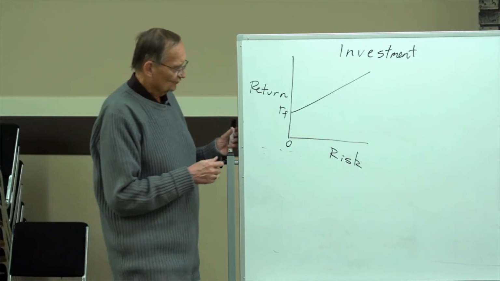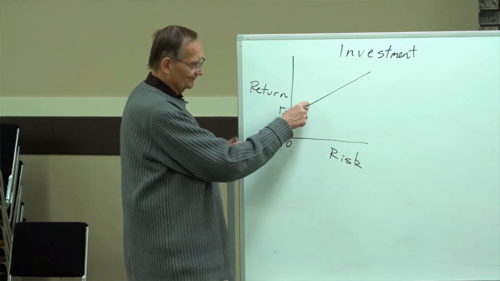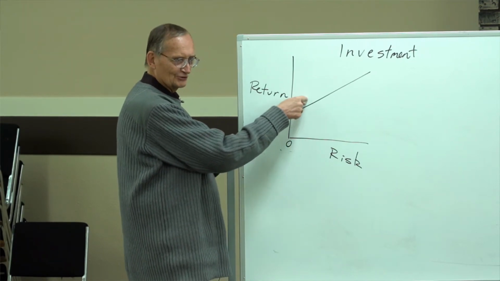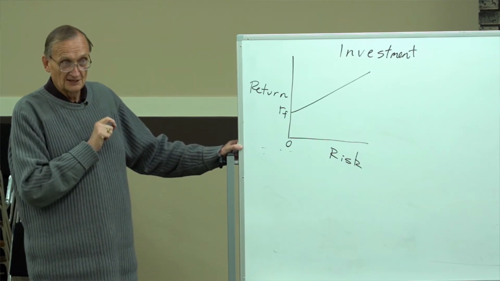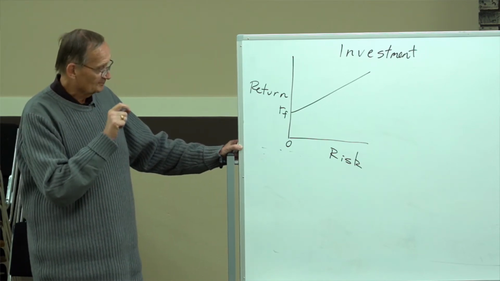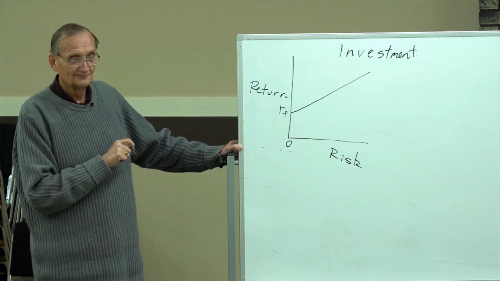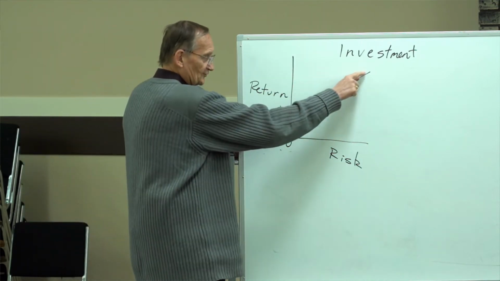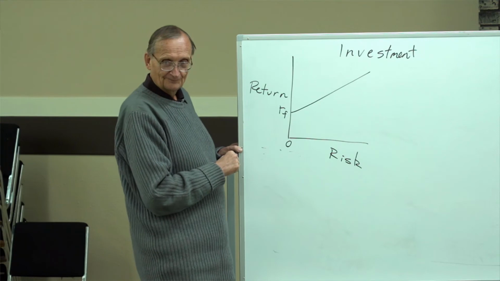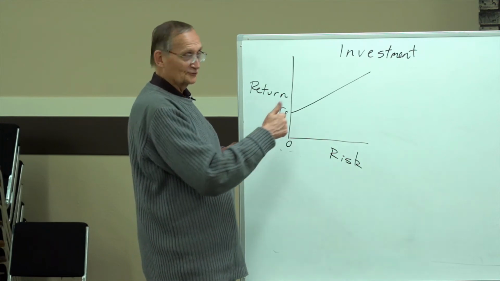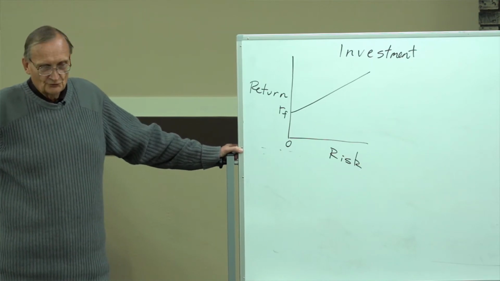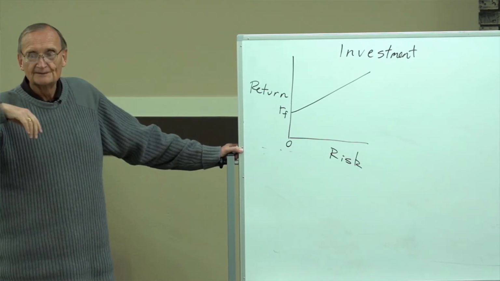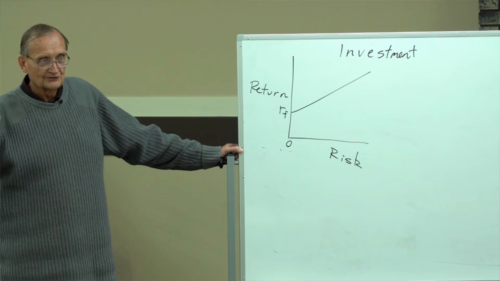No. So it has low risk and not that much return. If I do a cocaine deal on the Mexican border, is that a high rate of return? Yes. What about risk? Yeah, big risk. We okay on that? So the riskier you make the investment, the more that your return should be.